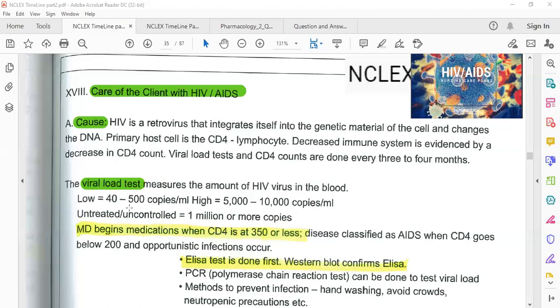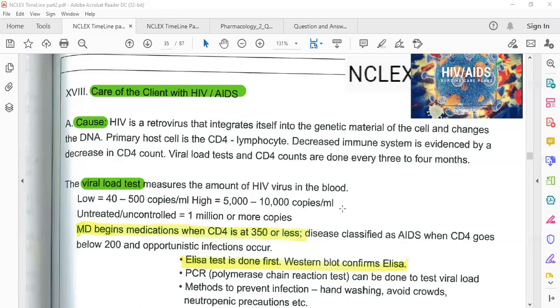Before we go there, let me read it. The viral load test, or we do the ELISA test, or we do the Western blot test. The viral load test measures the amount of HIV virus in the blood: low is 40 to 500 copies per ml, and high is 5,000 to 10,000 copies per ml.